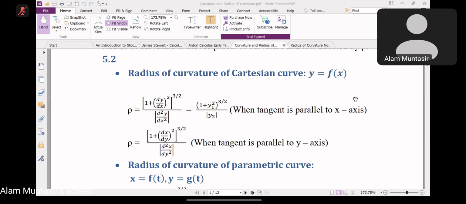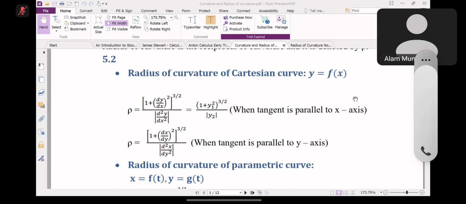The second thing is how we can calculate the radius of curvature. So in this chapter, there are specifically two different types. One is for Cartesian curve, another one is for parametric curve. So based on the representation of the given curve, we will be using two different formulas to calculate the radius of curvature.